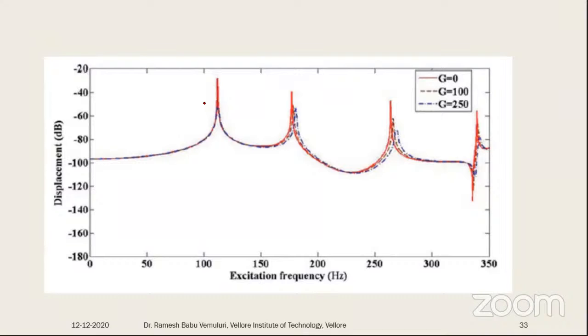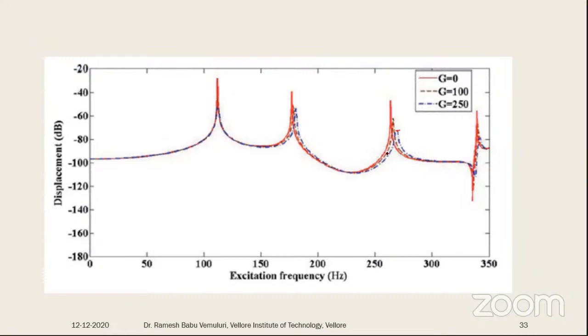In the red color one we can observe, this is G, and this is the displacement in decibels. So with 100 and 250 we can observe there is a reduction in the displacement, as well as some shifting of the excitation frequencies.